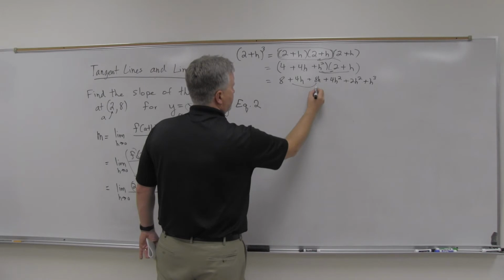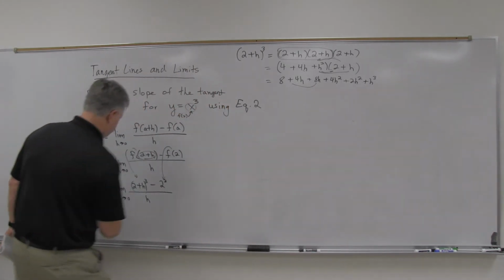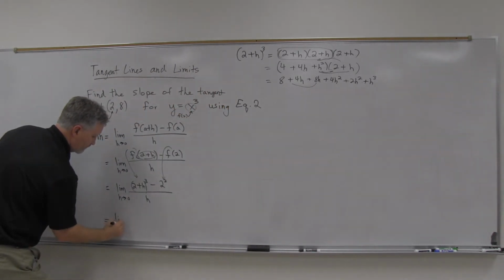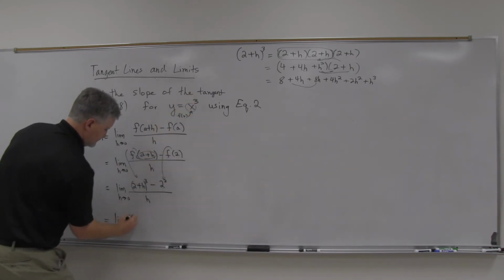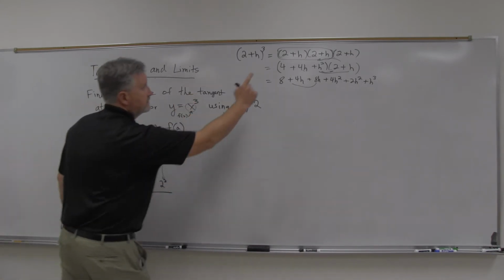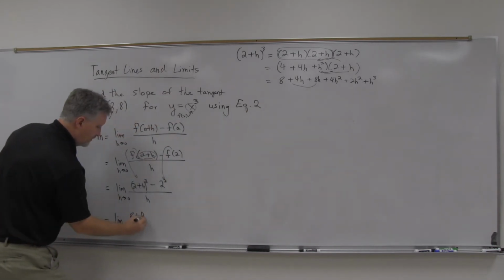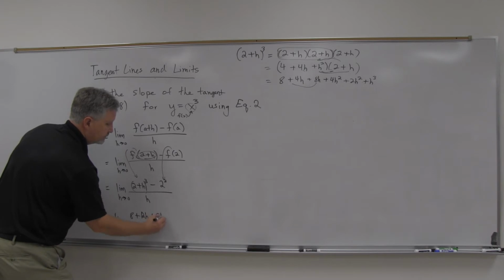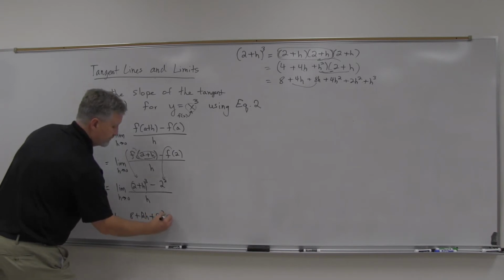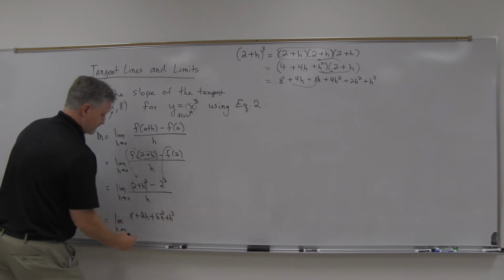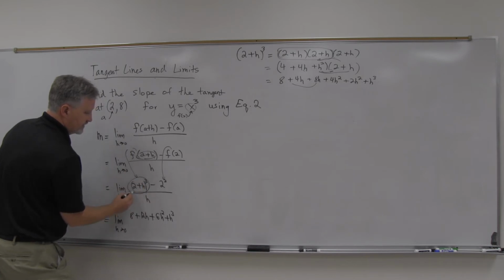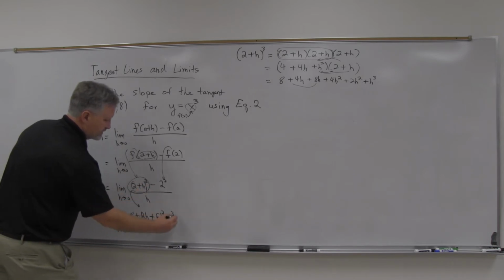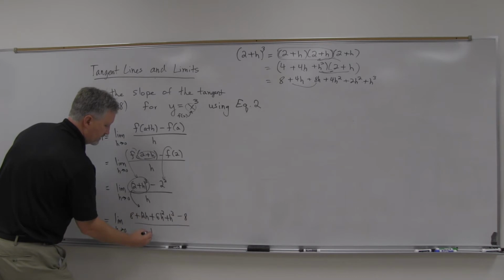So you wind up with 8 plus 12h plus 6h squared plus h cubed is what 2 plus h cubed is, and then you got that minus 8, and then you got all that over h.